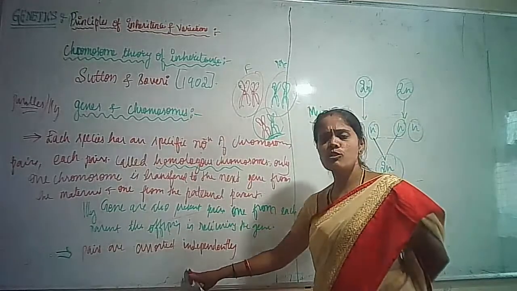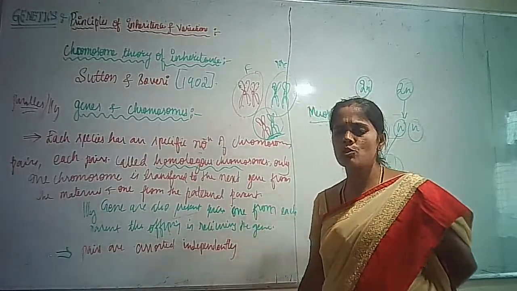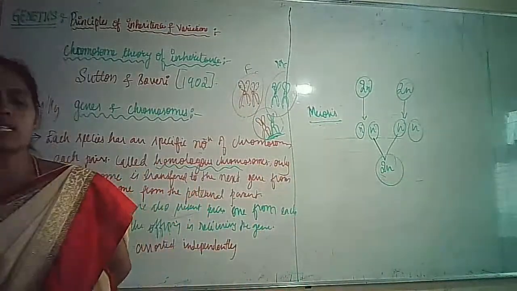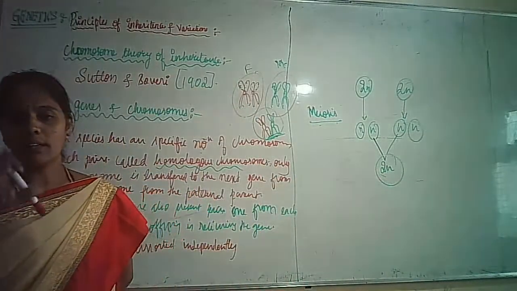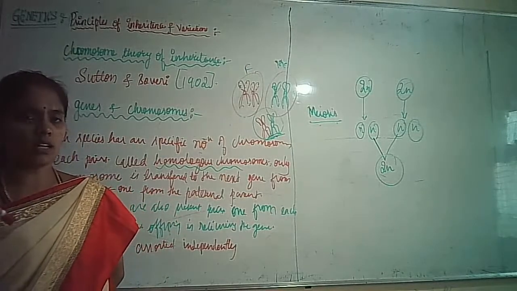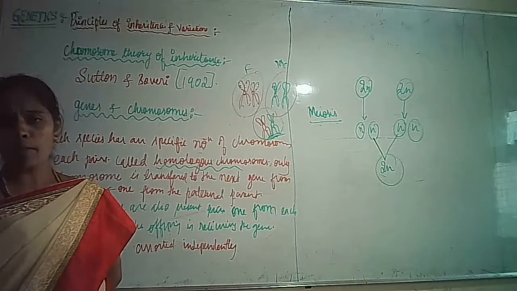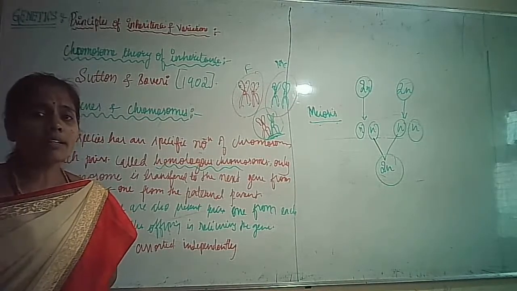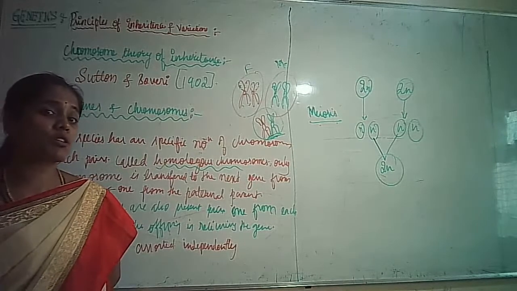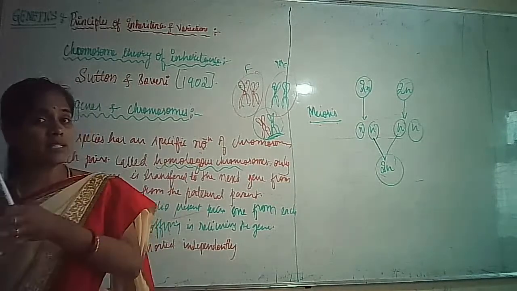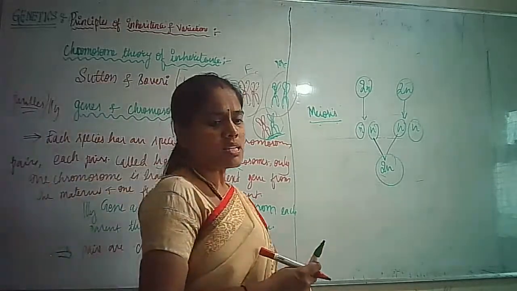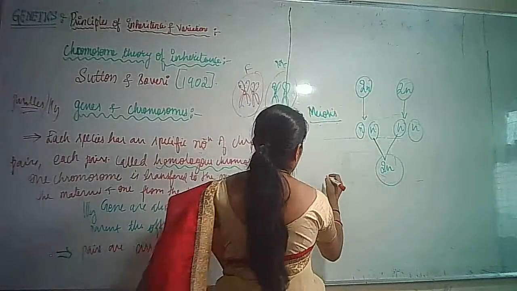In the case of genes too, in a dihybrid cross you see that the color of the seed and the shape of the seed are separated totally: yellow, green, round, wrinkled. The color of the seed and the shape of the seed are inherited independently. How is it possible? Because the genes are separated equally, as well as the chromosomes. Both show similar behavior.